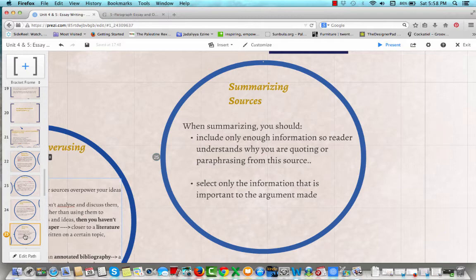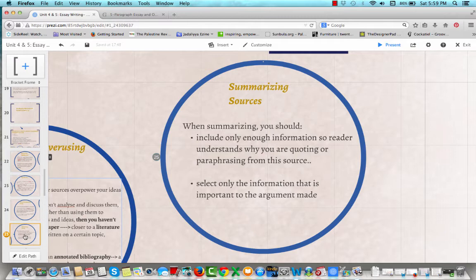Now, when you summarize, say you have a 50-page report on traffic in Kuwait. You do not include the 50-page report, or two pages when it's a 5-paragraph essay.